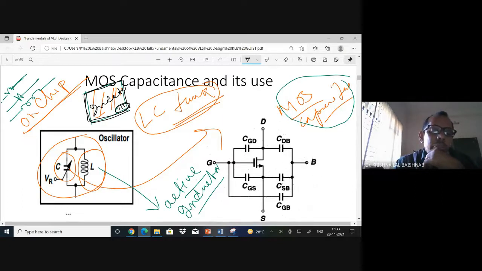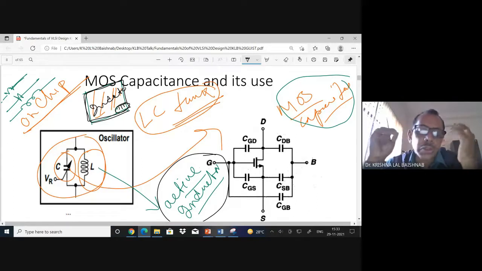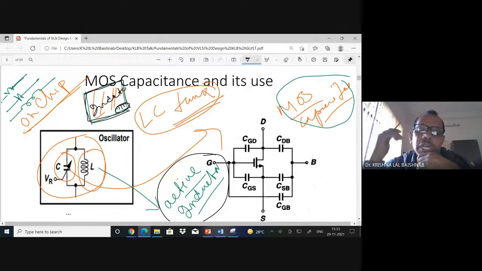So we have to replace the passive inductor with what we call an active inductor. You can have a separate book for that, or search on the internet for active inductor; they basically use OTA. OTA means operational transconductance amplifier.